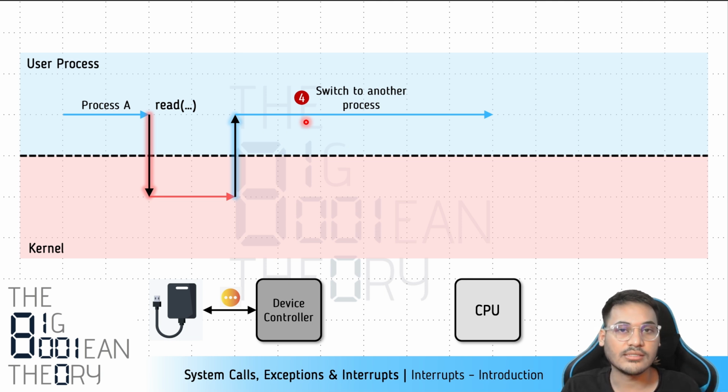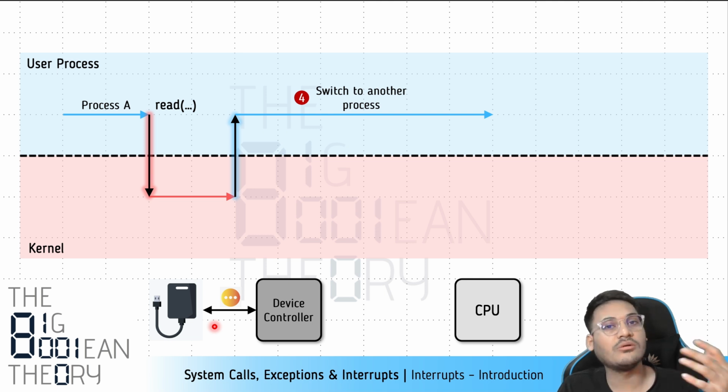Let's first understand this. The reason why process A was put to sleep and the operating system selected some other process to run is that the basic idea is that IO devices are very slow, right? If you see this copy operation, it will take a few milliseconds to copy that data from the disk to the device controller, right?